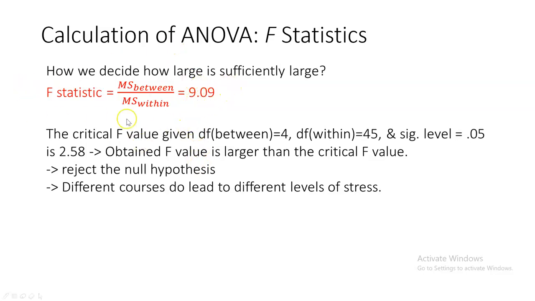Apparently, our obtained F value is larger than the critical F value. So we are going to reject the null hypothesis because the probability of getting an F value as large as this one, 9.09, is very small. So we reject the null hypothesis, claiming that these 5 populations have different means. In other words, these 5 different courses do lead to different levels of stress.